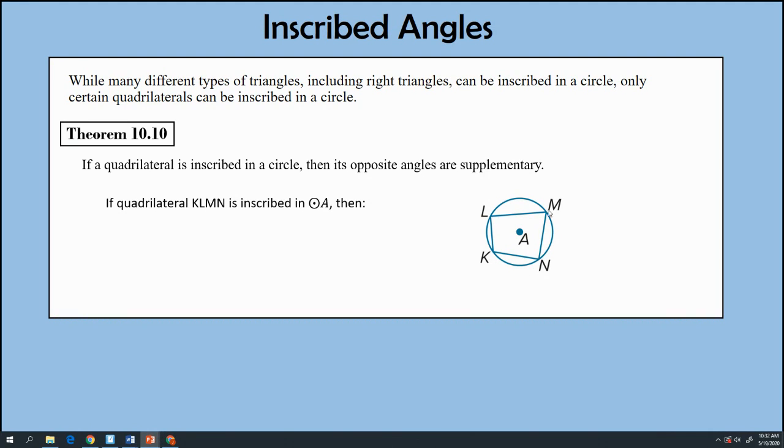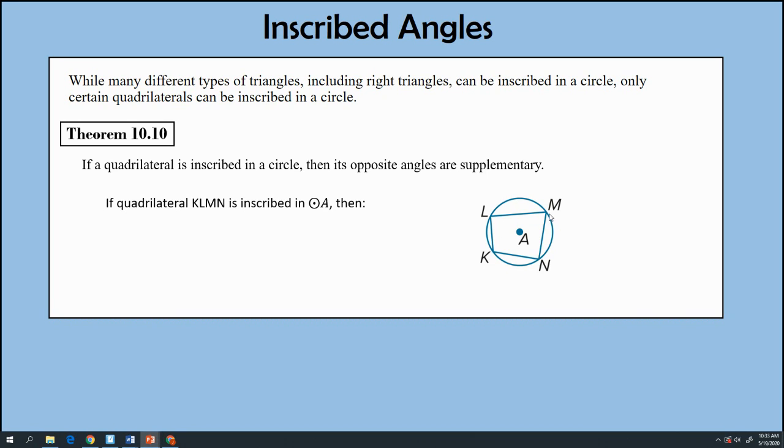If you look at, let's say, inscribed angle M, it intercepts arc LN, and inscribed angle K intercepts the rest of the circle. So together, inscribed angle M and inscribed angle K intercept the whole circle, which is 360. And since the angles are half the measure, they've got to be 180.